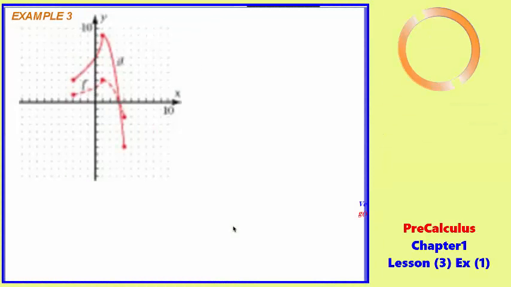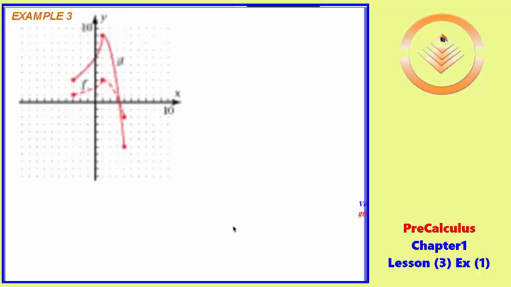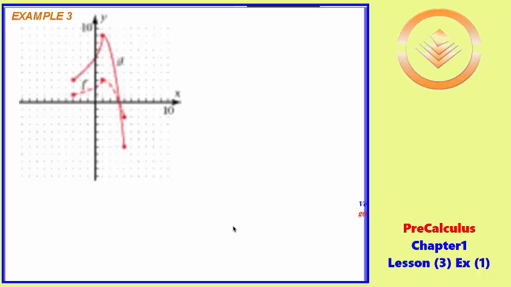We're still on dilations, and now we have example number 3. As you can see, it's the same example as in the previous discussions. Today I'm going to teach you how to solve these graphical illustrations and identify what kind of transformation this is.